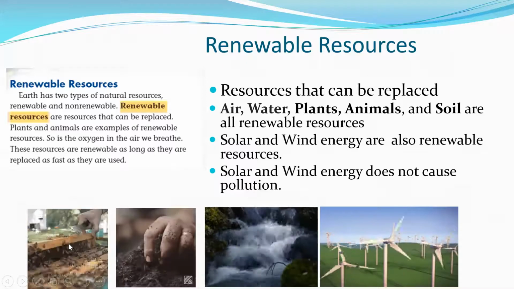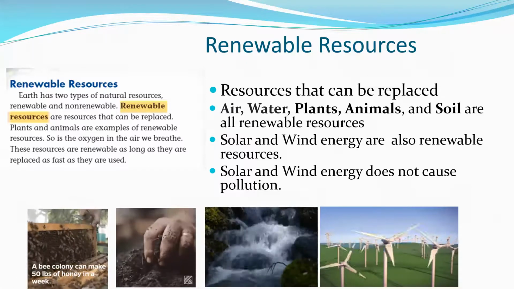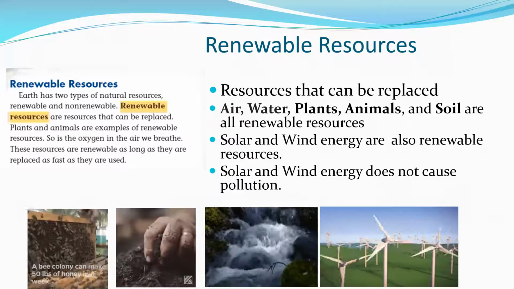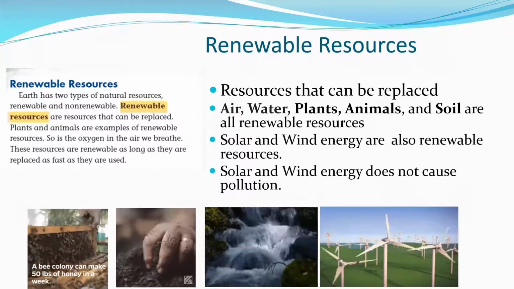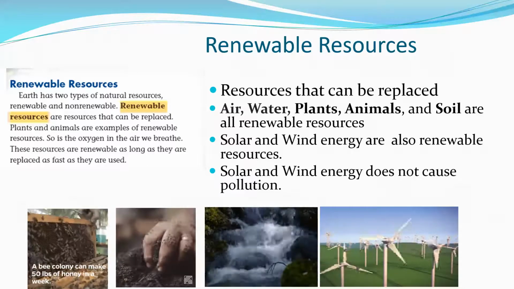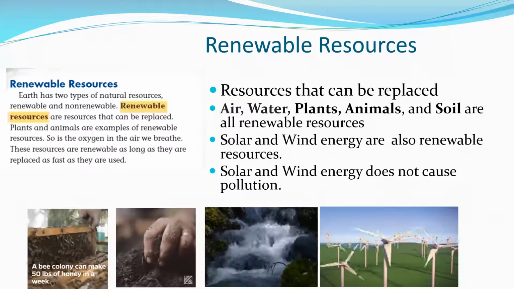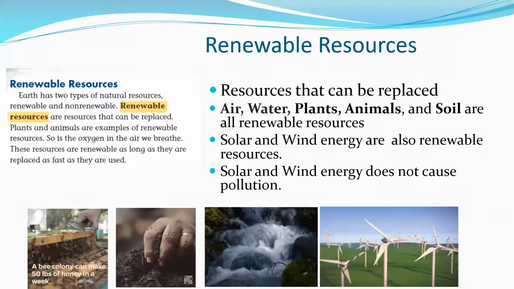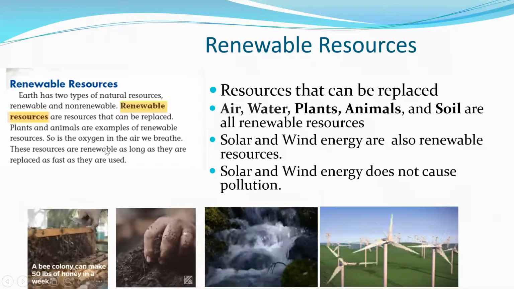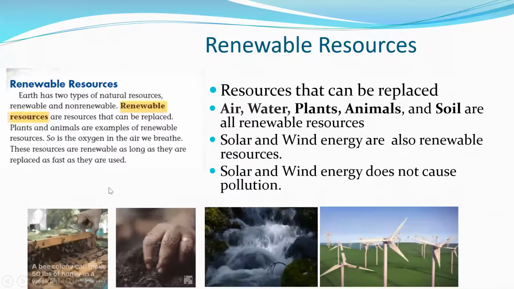If you see here, this is a person lifting up one of the little sections of a homemade beehive. And it says here that a bee colony can make 50 pounds of honey in a week. What this person is going to do is extract the honey. So we use the animal, which is the bee, we use their resource, their honey, as a natural resource for us.